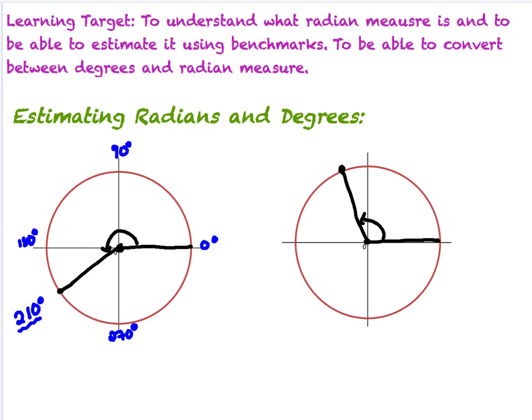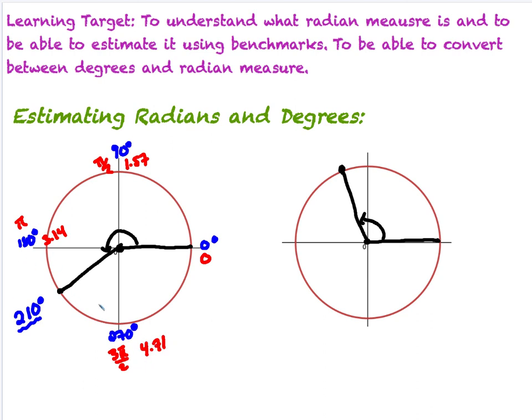Now, what if you want to do that in radian mode? What if you want this in radians? Well, I know this is 0 radians. I know I can think of this as either pi over 2, or I can think of it as 1.57 radians. I know that this is pi radians or 3.14 radians approximately, right? I know that this is 3 pi over 2 radians, or I can think of it as 4.71 radians approximately.